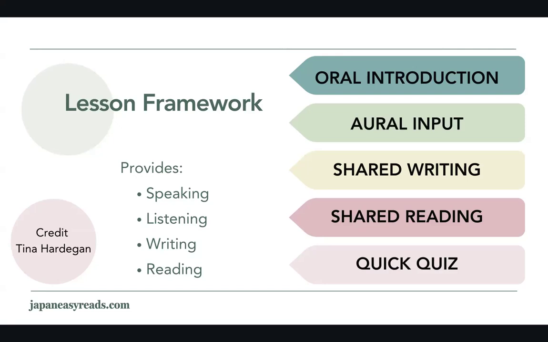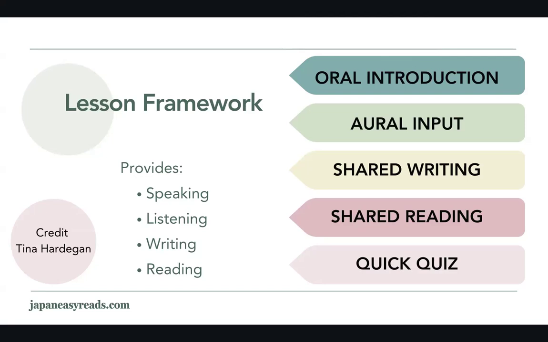And the lesson framework is brilliant because it covers all of our key skills: speaking, listening, writing, and reading. And so the chunks of the lesson are broken down into these 5 parts. So starting with an oral introduction, which goes for between 5 and 8 minutes, I suppose. And that is an opportunity to really connect in straight away with the students. It's a bit like a hook.